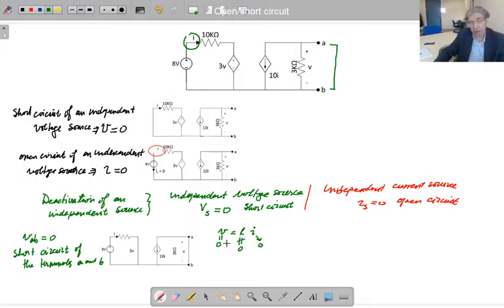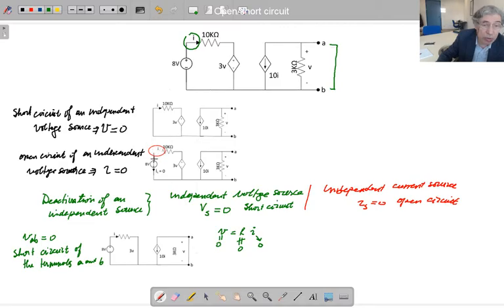So this is a different case. When you are talking about a resistor, both the voltage and current become 0. That means the resistor becomes open circuit and short circuit at the same time. It is not true for the other elements. For this element, for example, when you short circuit this element, there is a current passing through. That's the short circuit current.